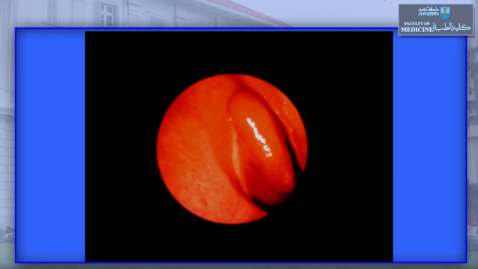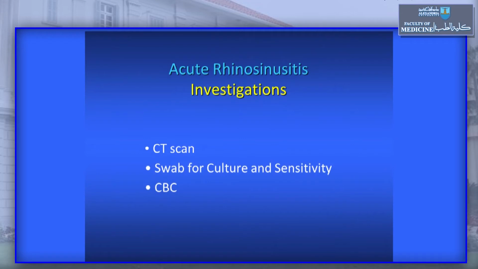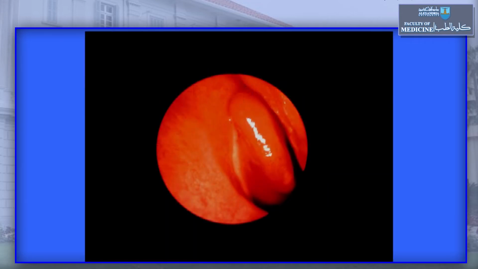On examination, there is congestion of the nasal mucosa, as we can see in this endoscopic picture of the right nasal cavity: middle turbinate, septum, middle meatus, lateral nasal wall.